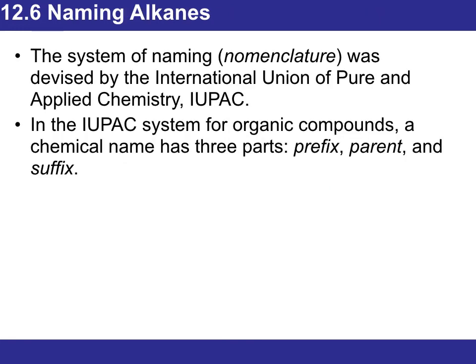And how to name the alkane? I'm going to spend a lot of time with this. This is what we call nomenclature, and this is from the International Union of Pure and Applied Chemistry, IUPAC. I will ask you a question naming those compounds according to IUPAC, where there are actually 3 parts: a prefix, a parent, and a suffix.